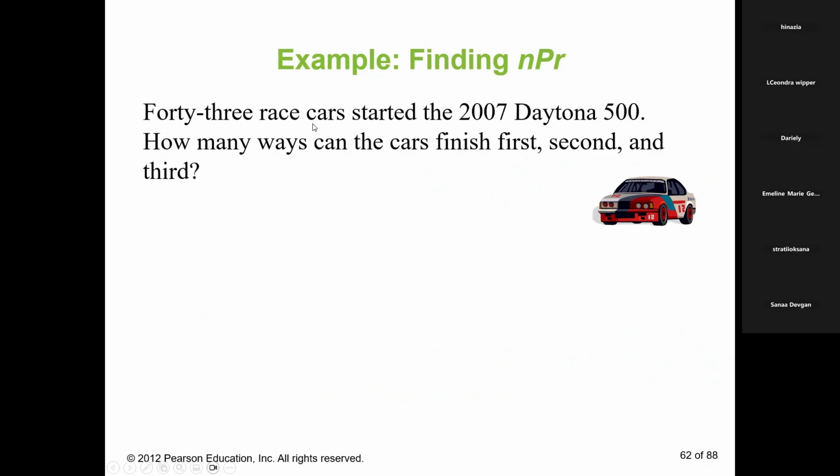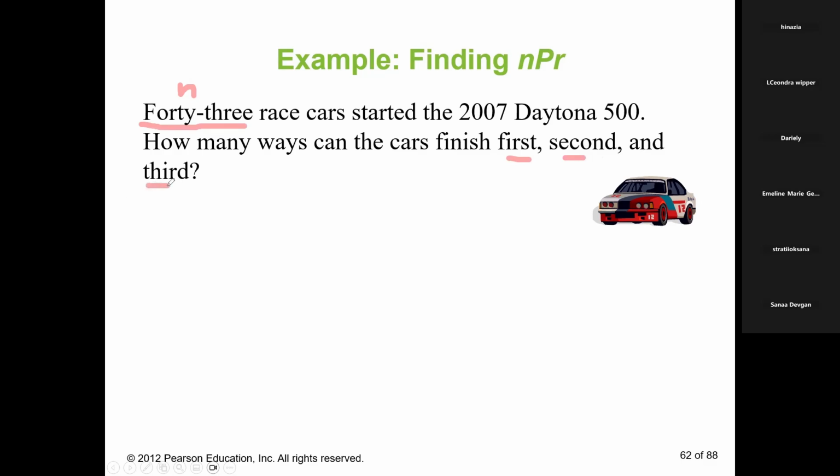"43 race cars started the 2007 Daytona 500." Okay? 43. So that's n. n equals 43. You see here, this number here is 43. That's n. How many ways can the cars finish first, second, and third?